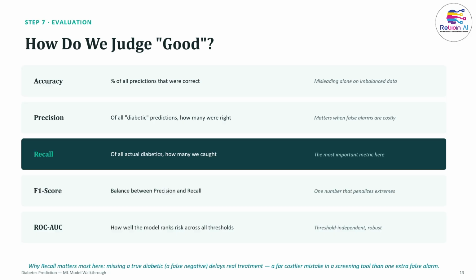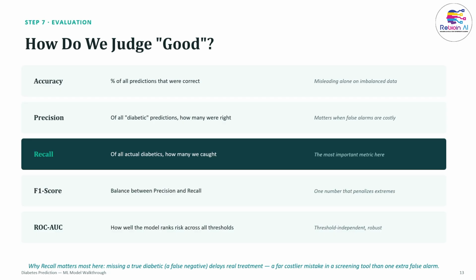Now, before looking at results, we need to agree on how we are actually going to measure success, because accuracy alone isn't enough here, as we discussed a few slides back. Accuracy is the percentage of all predictions that were correct, but it's misleading on imbalanced data. Precision tells us, of everyone we predicted as diabetic, how many actually were, and recall tells us the opposite: of everyone who's actually diabetic, how many did we catch?